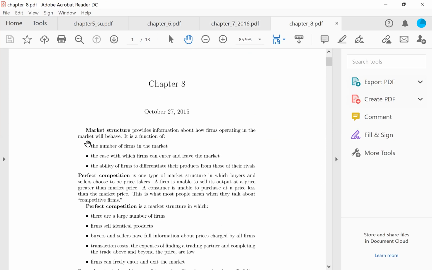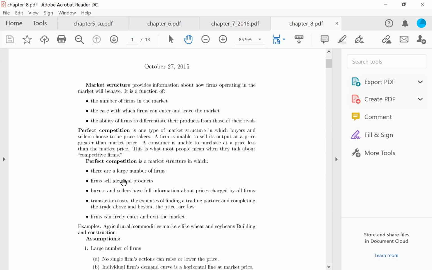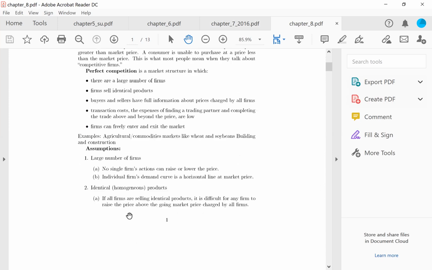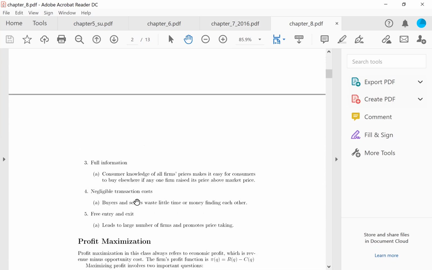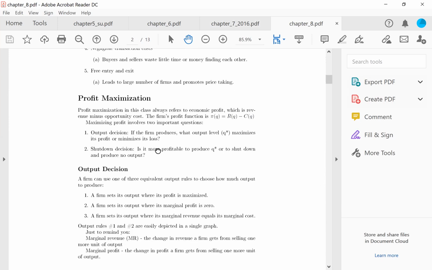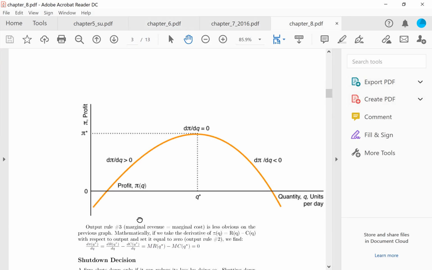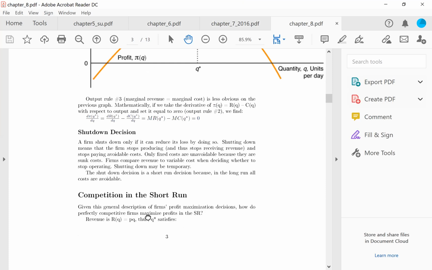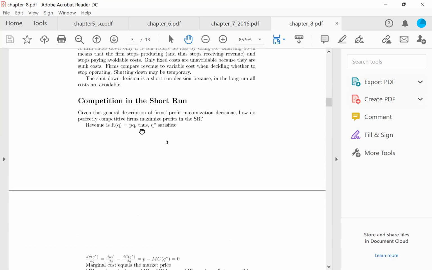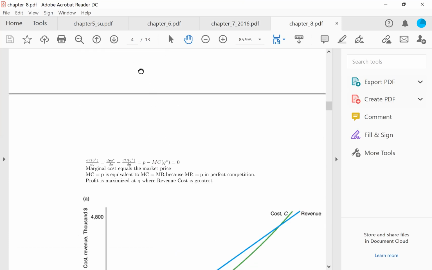You are responsible for perfect competition, these definitions, these assumptions. You are responsible for profit maximization, the output decision, and the shutdown decision. You are responsible for competition in the short run.